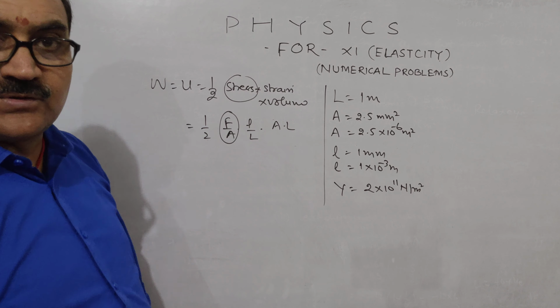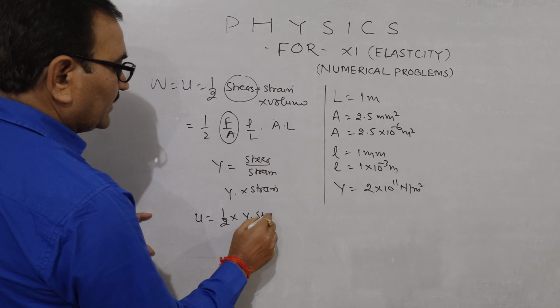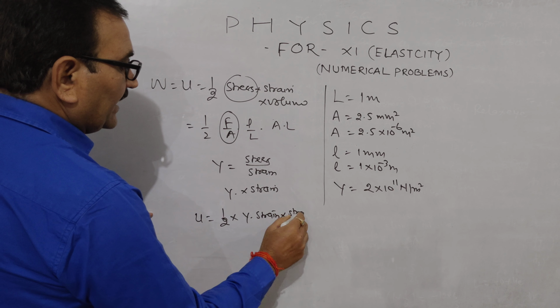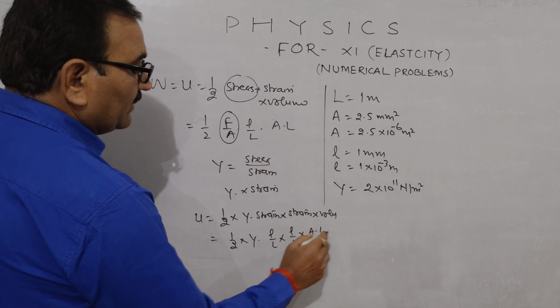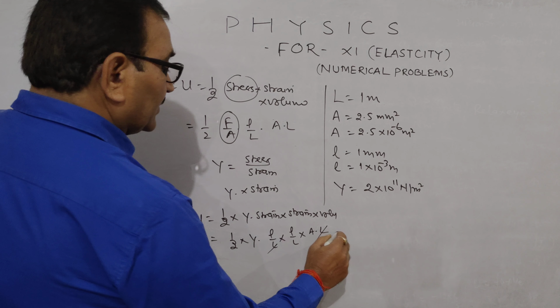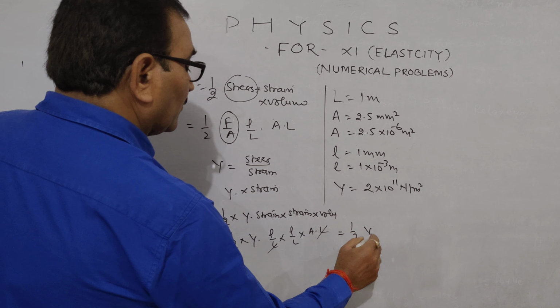Y equals stress upon strain, so stress is Y into strain. So you have the formula 1 upon 2 Y into small l upon capital L into A into L. This L and L cancel out. So you have 1 upon 2 Y into small l square upon capital L into A.